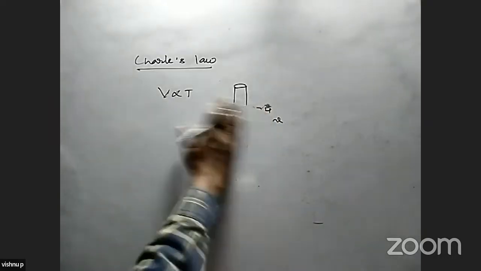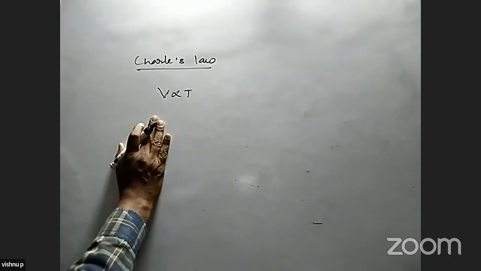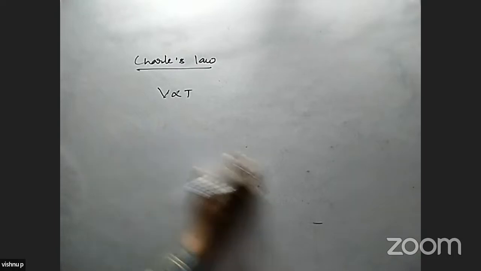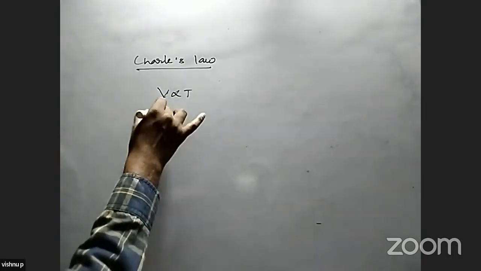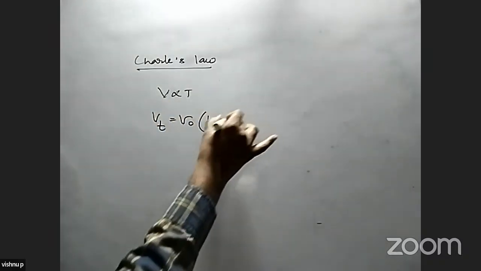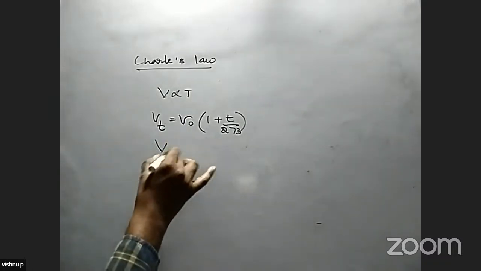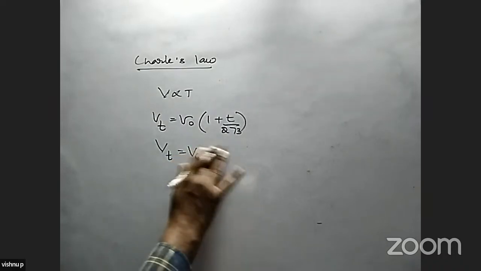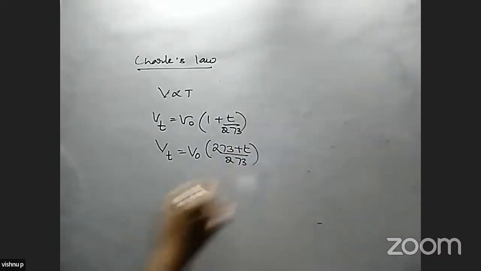From this, he observed that the volume of gas increases or decreases by 1 by 273 times with an increase in temperature by 1 unit. So volume is directly proportional to temperature, or we can take it as the volume at temperature t is equal to the initial volume times 1 plus t by 273. Or we can take it as Vt equal to V naught into (273 plus t) by 273.